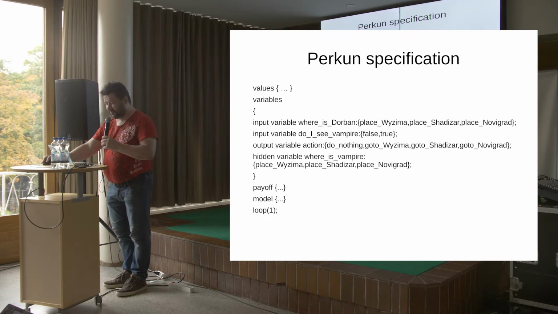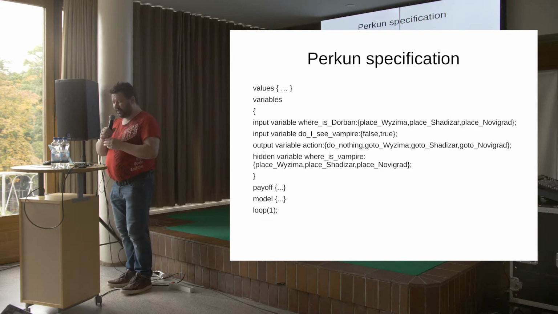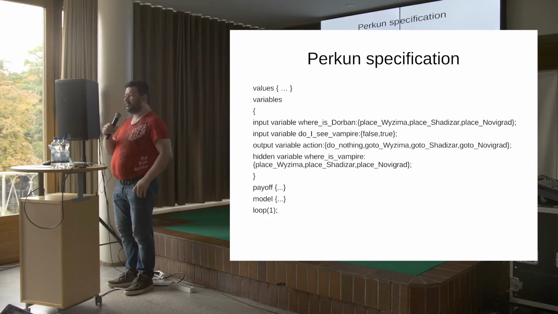Then we have in the Perkun specification the payoff function, model. Model tells you how the world works, and any number of commands. I have only one command here, which is loop, with the game tree depth as a parameter. You can't use any expression. I'm sorry about that.